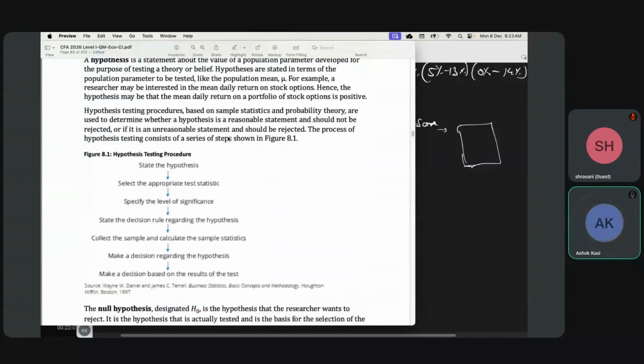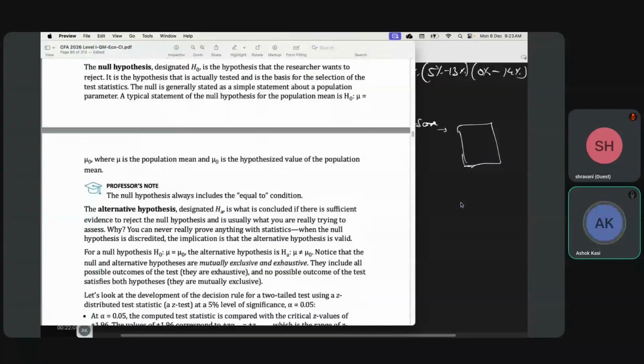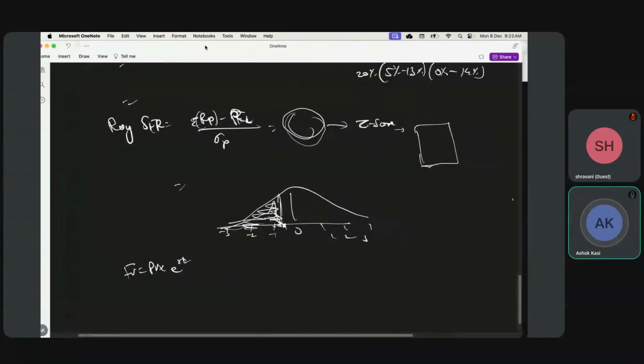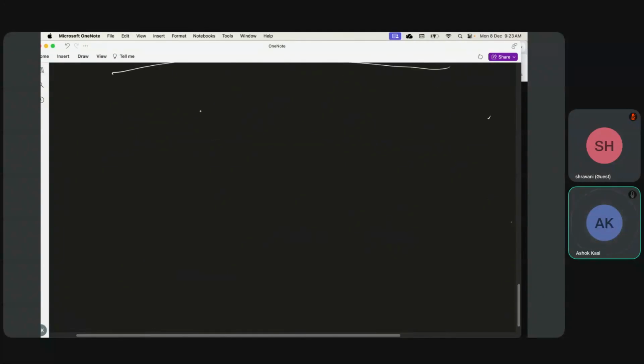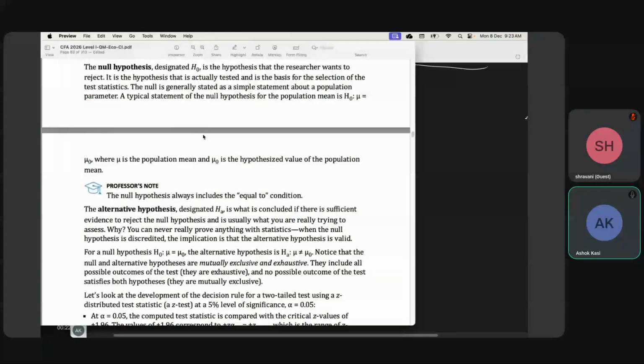Hypothesis testing now. So null hypothesis, alternative hypothesis.